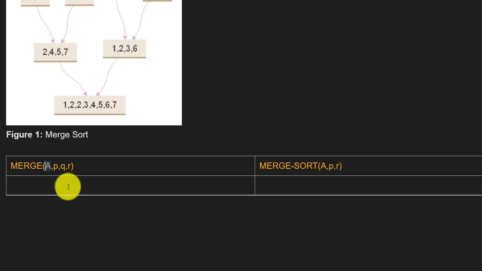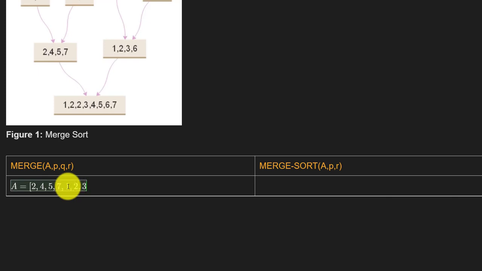So let me set what A is. My array A will be 2, 4, 5, 7, 1, 2, 3, 6. This will be my input array.